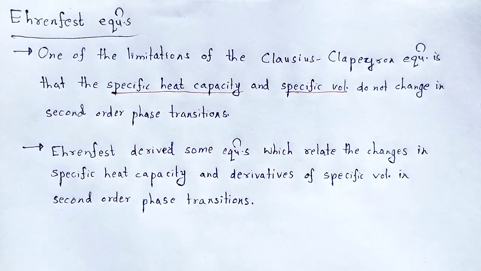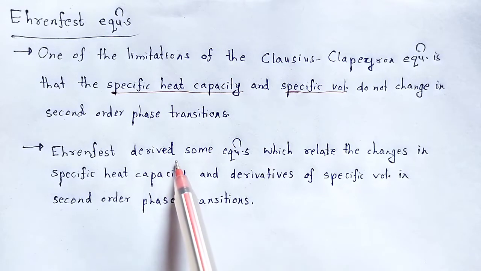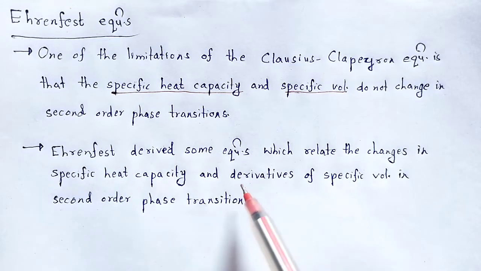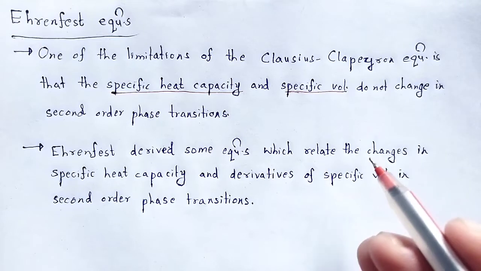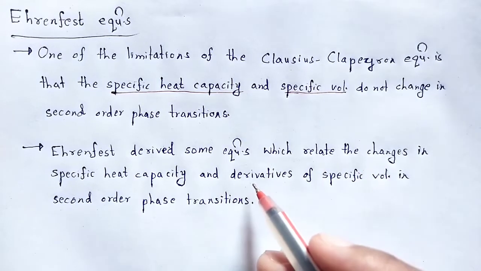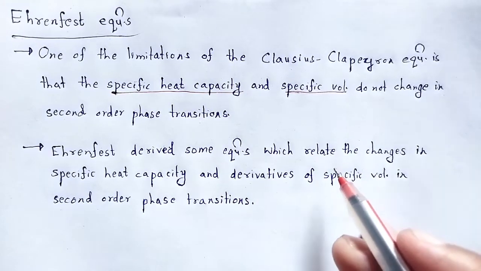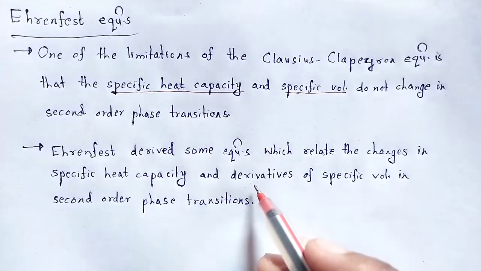That is why we introduce the Ehrenfest equation, derived by Ehrenfest, which relates the changes in specific heat capacity and derivatives of specific volume in second order phase transitions.